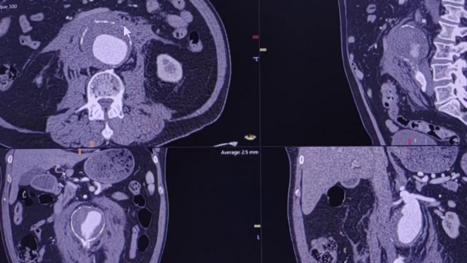Here is a rupture, and the difference from the previous case is that there is clear retroperitoneal hematoma, significant irregularity of the contour of the fluid, which is relatively hyperdense.